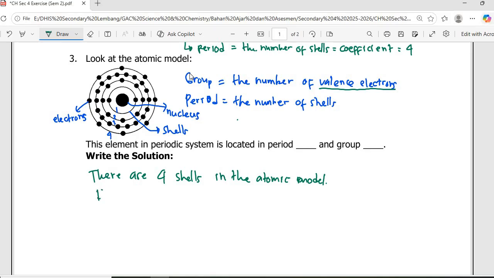In the 4th shell, how many electrons? 1, 2, 3, 4, 5, 6, 7, 8. So there are 8 valence electrons.